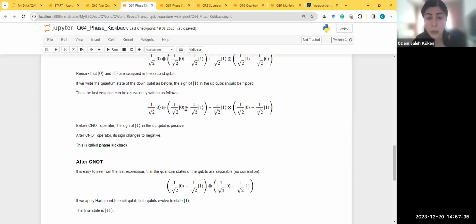Why? Because they have this part in common. The second qubit is the same, so you can just rewrite it like this. You can check: this is 1 over square root of 2 |0> multiplied by this and minus 1 over square root of 2 |1> multiplied by this. So they are the same.